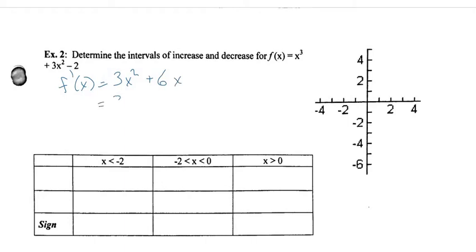Or we could factor that and it would be 3x times x plus 2. Next step, we're going to set it equal to 0 and try to solve for x.